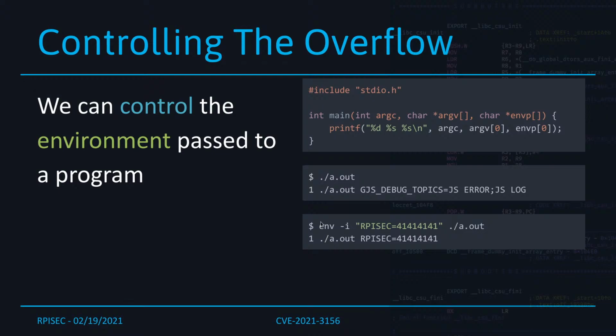However, we can set that very easily with something like the env command. And so here, we just pass in env -i and then some arbitrary string. And then we execute that code. And when we do that, we can see here that the environment variable has actually changed, and now the bytes on the stack after that argv are going to be completely different and completely controlled by us as the user.